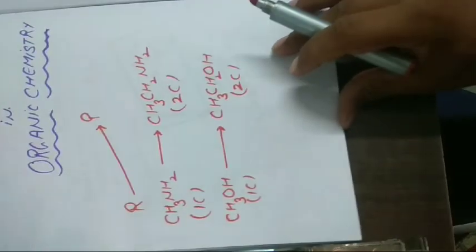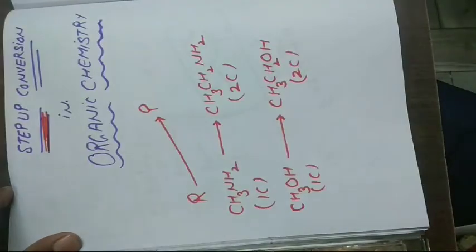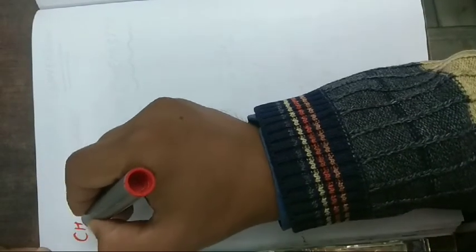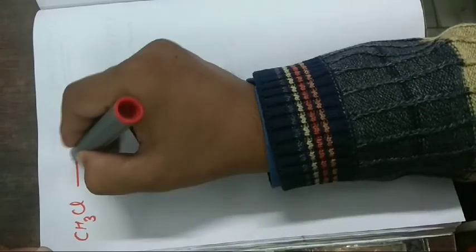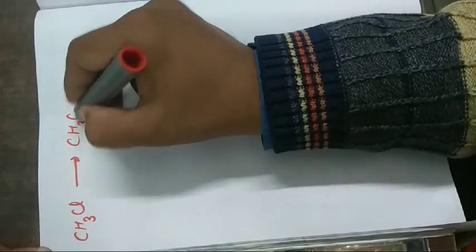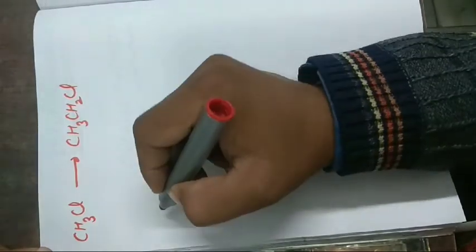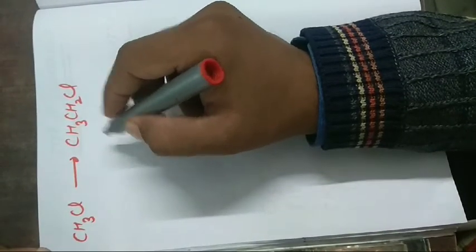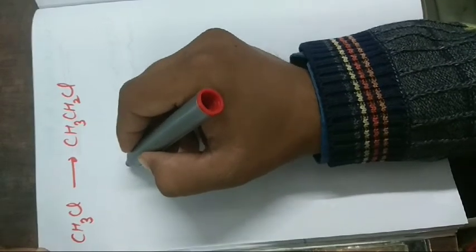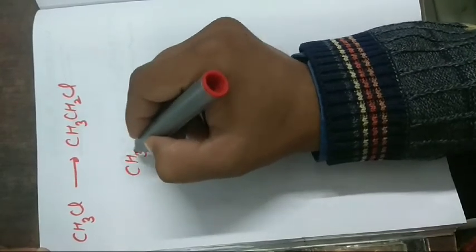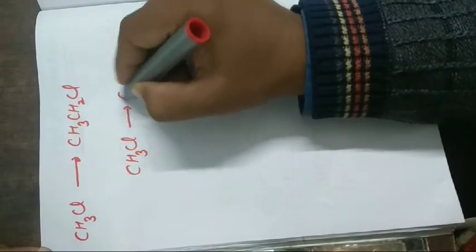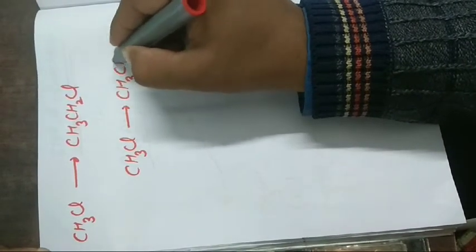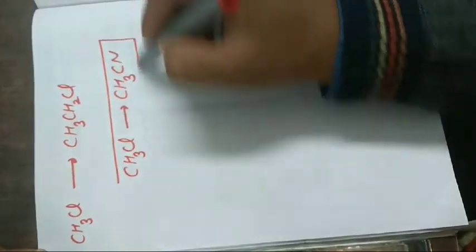So how can we do step-up conversion? I am giving an example. For example, we have to convert CH3Cl into CH3CH2Cl, correct? So there is a linking reaction which we have to use. We have to convert CH3Cl into CH3CN. That is the linking reaction.